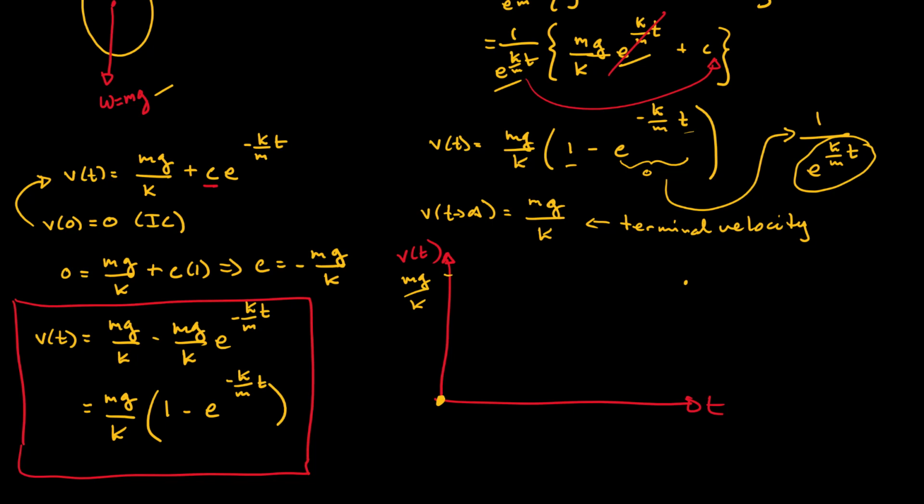And so what this looks like is something like this. Where the velocity approaches a constant velocity, or the terminal velocity, as the time approaches infinity. Or let's just say as time gets larger and larger. And again, this is termed the terminal velocity.